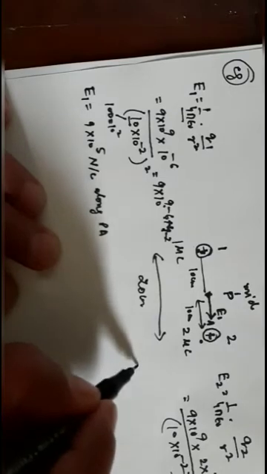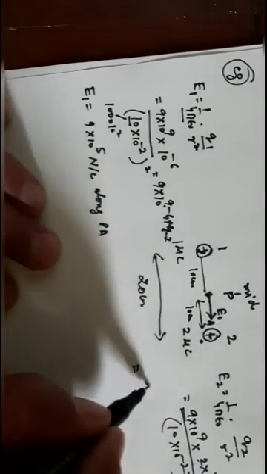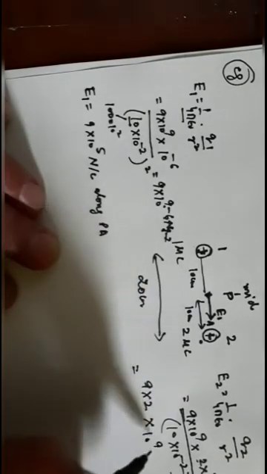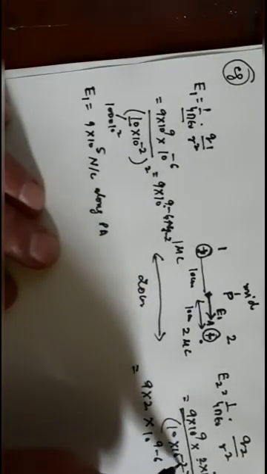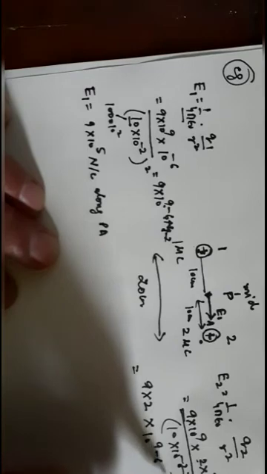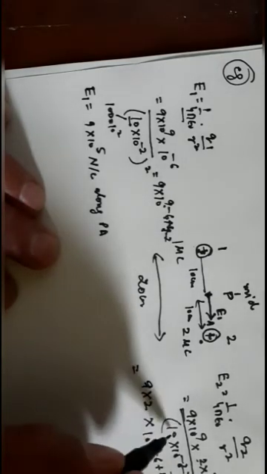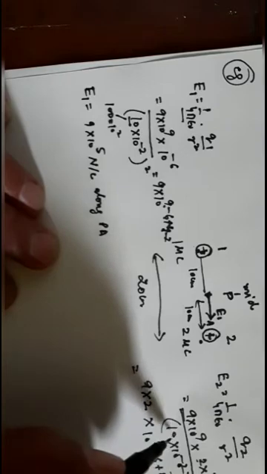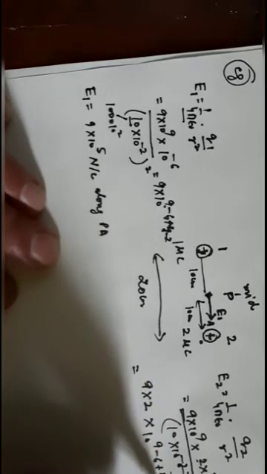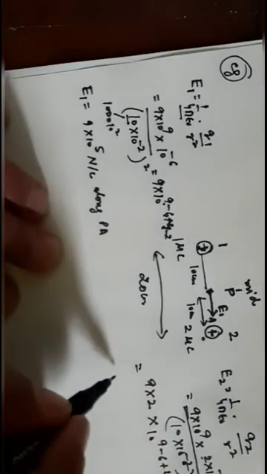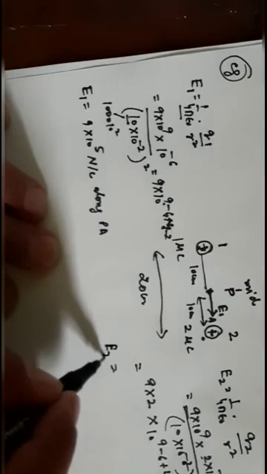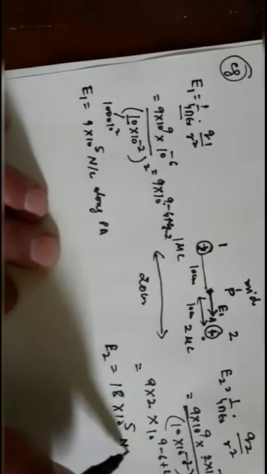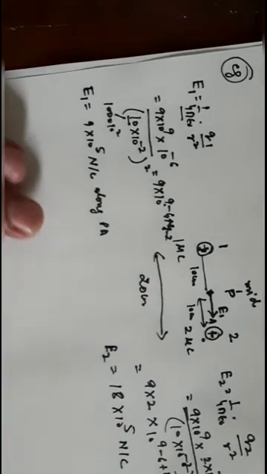So when you solve it, 9 multiplied by 2, and the powers: 10 to the power 9 minus 6, and squaring gives minus 4, which going up becomes plus 4. 10 squared becomes 100, which is 10 to the power 2, so minus 2 will come. So the electric field due to the second one is 18 into 10 to the power 5 Newton per coulomb. So this is your electric field E1 and E2.